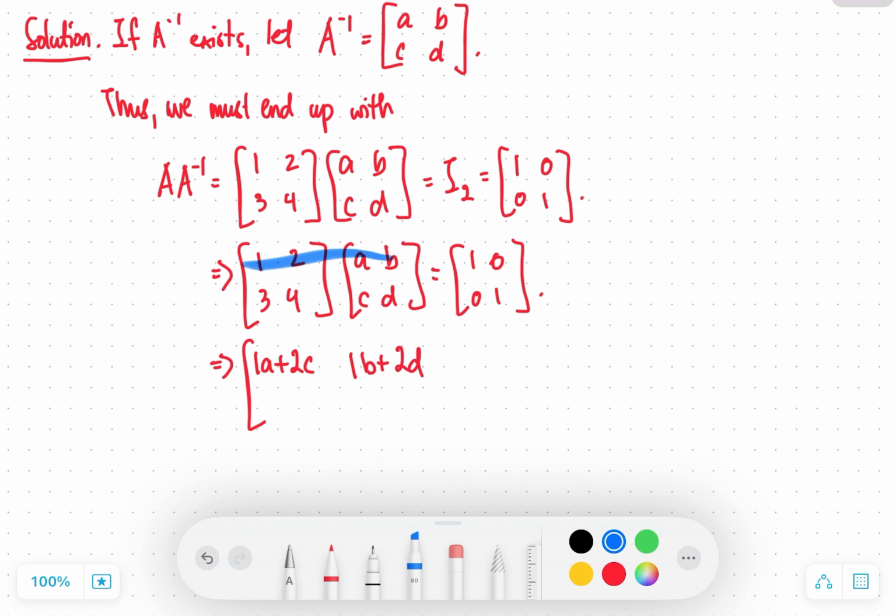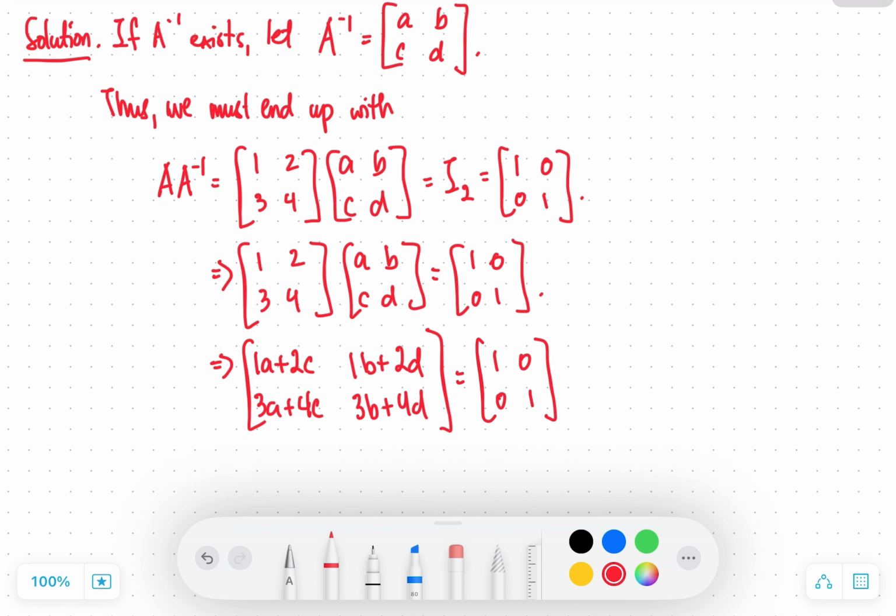Where did I get that? It's over here. Next, entry 2, 1, 3 times a plus 4 times c. It's over here. And lastly, 3 times b plus 4 times d. It's right over here. And this will be equated to 1, 0, 0, 1.